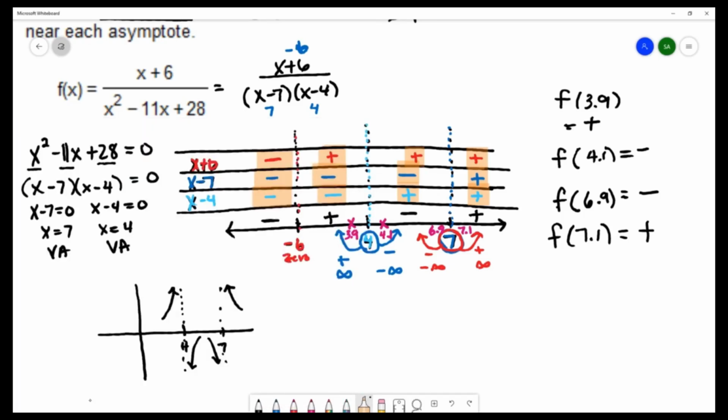We got positive to the left of 4, negative to the right of 4. Negative to the left of 7, positive to the right of 7. So we could get the same pluses and minuses, which tells us that the y goes to infinity or negative infinity.